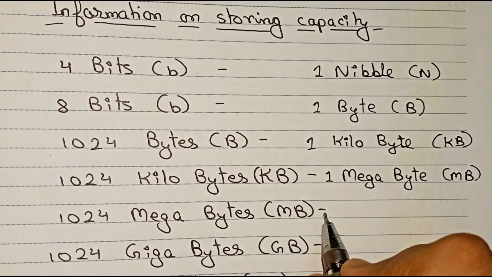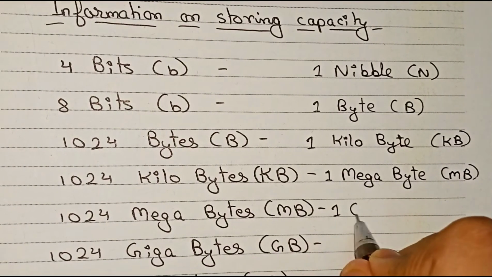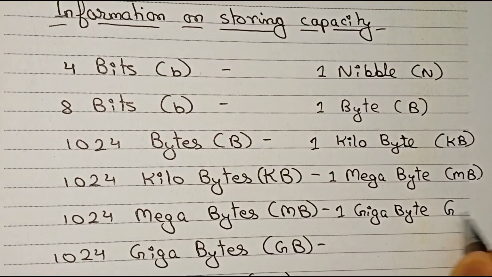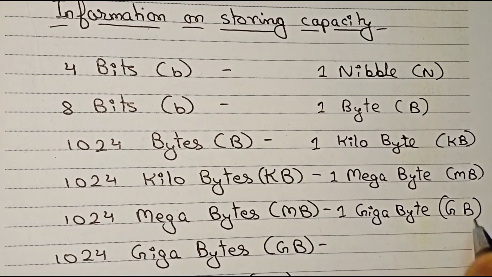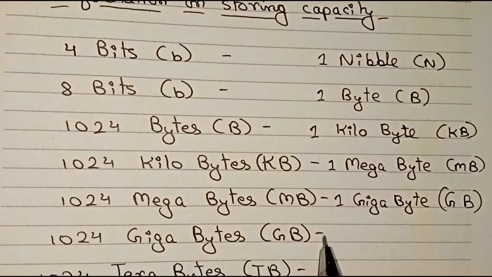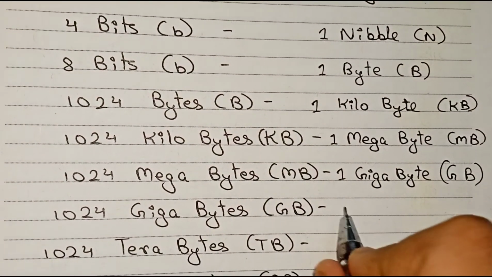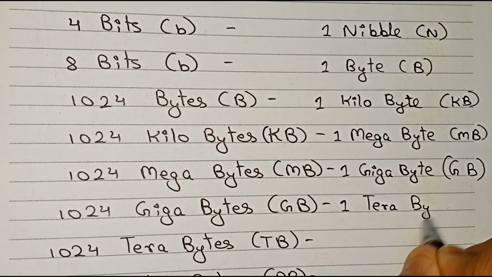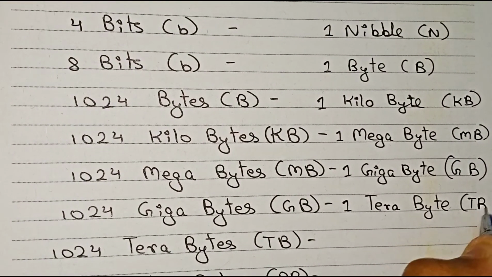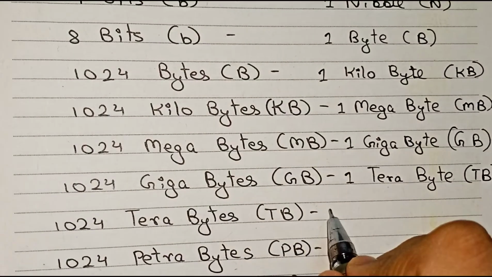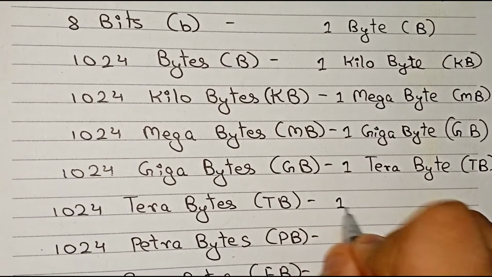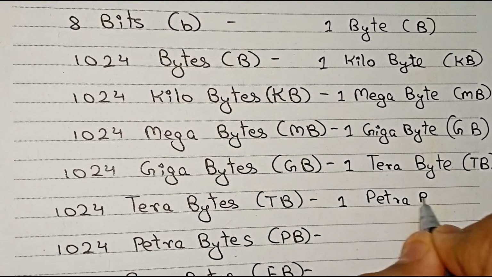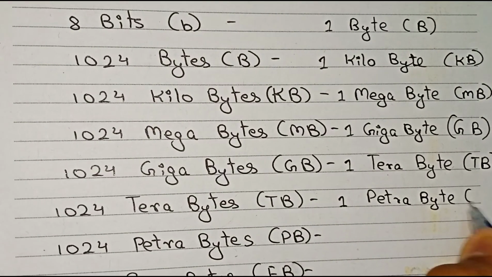Now 1024 megabytes will be equal to 1 gigabyte, that is GB. Now 1024 gigabytes will be equal to 1 terabyte, that is TB. Now 1024 terabytes is equal to 1 petabyte, that is PB.